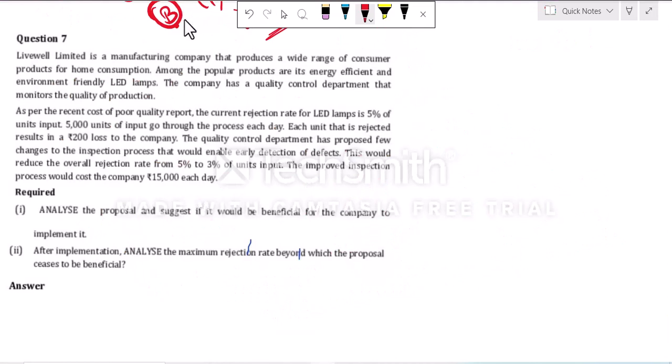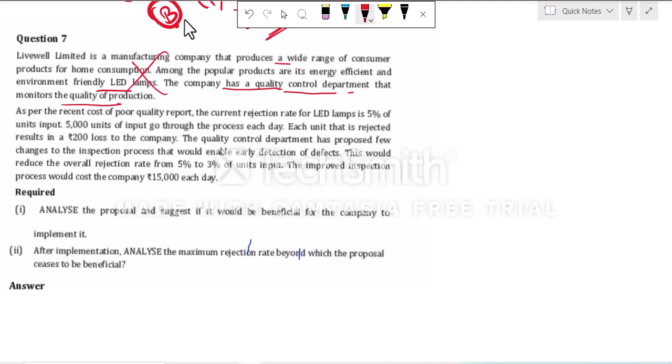Next question, seventh question. Live Well Limited is a manufacturing company that produces a wide range of consumer products for home consumption. Among the popular products are its energy efficient and environment friendly LED lamps. The company has a quality control department that monitors the quality of production.